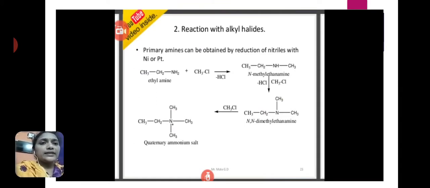Next, the second chemical property or second reaction of amines is reaction with alkyl halides. Primary amines can be obtained by reduction of nitriles with nickel or platinum.